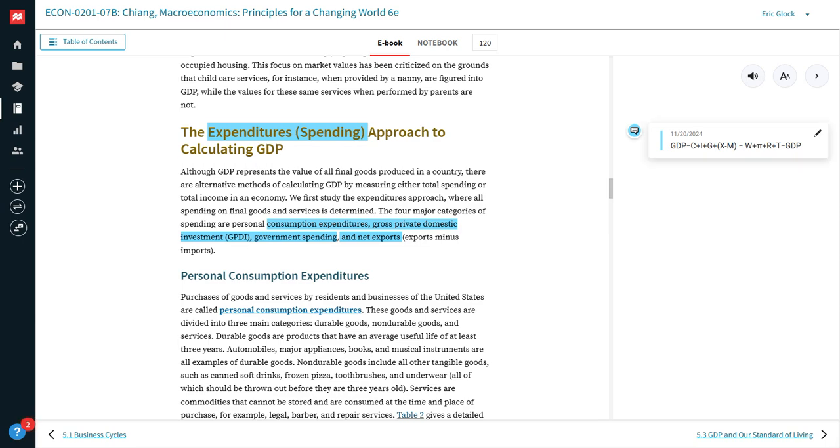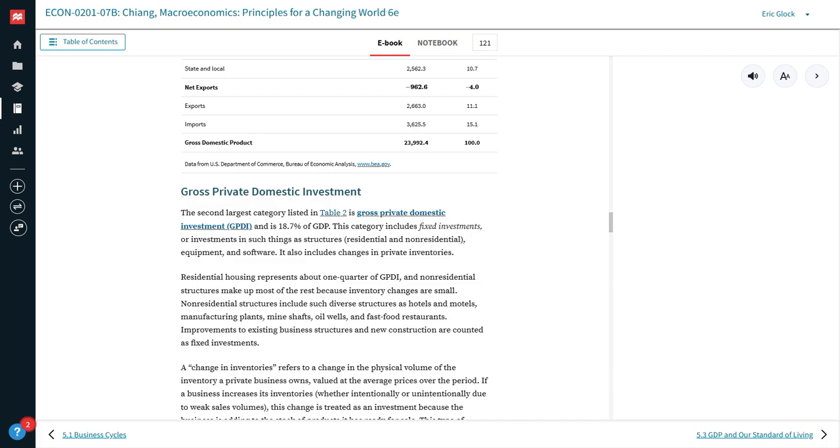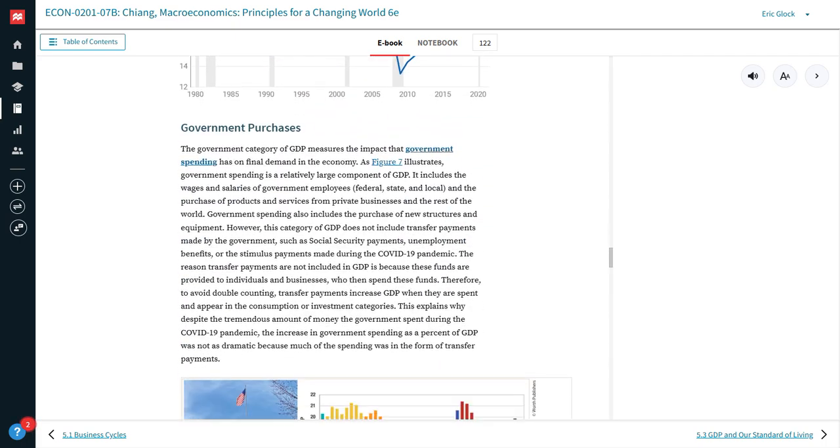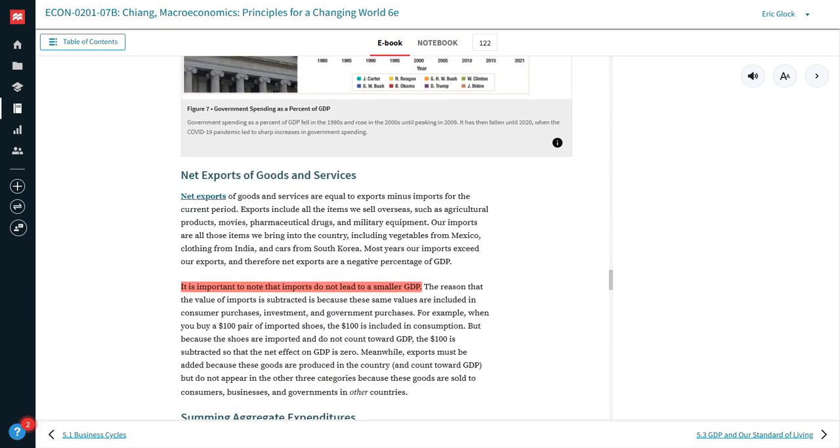If imports increase, really, Chiang's just plain wrong in that statement. If other things were equal, then increasing imports do lead to a smaller GDP.